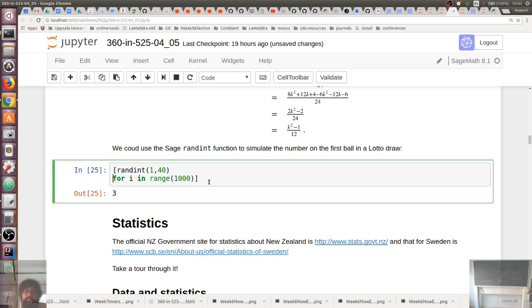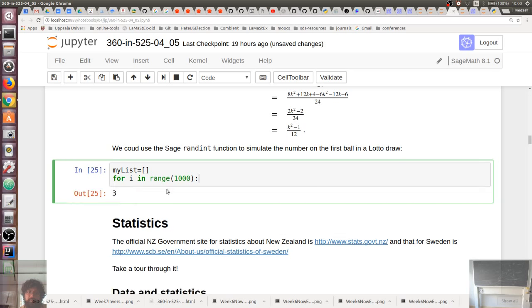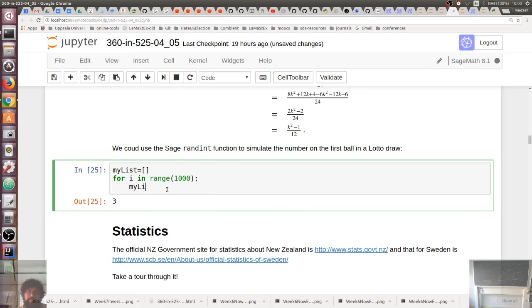I'm going to just do a for loop. My list, append randint.